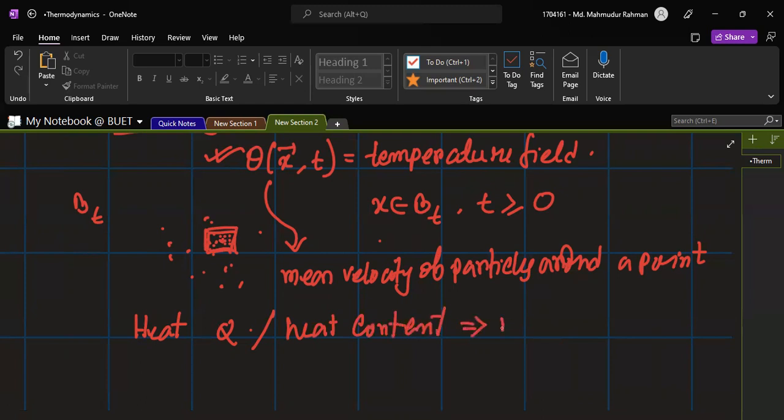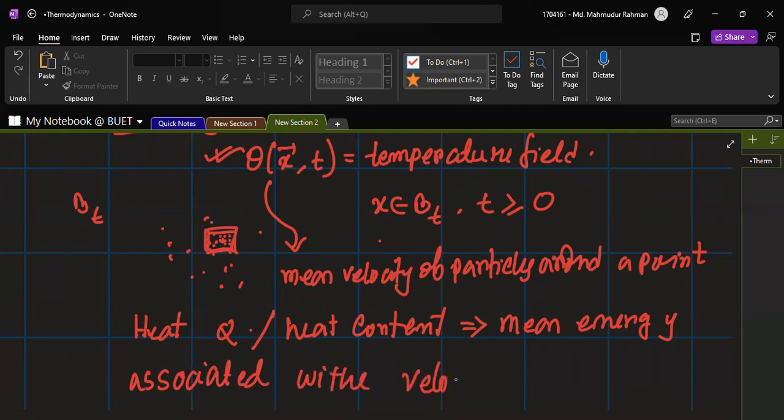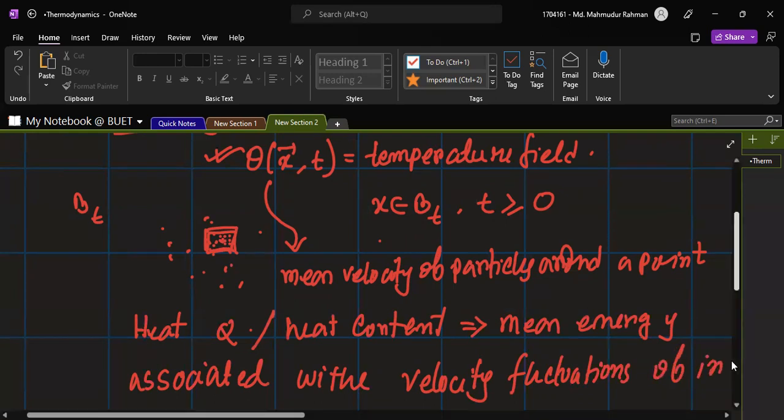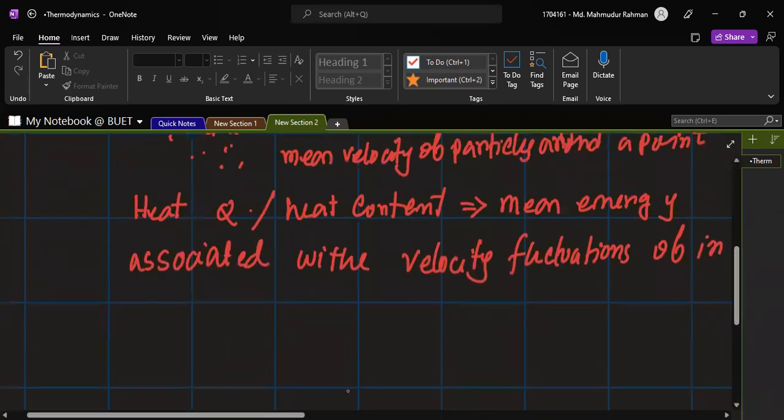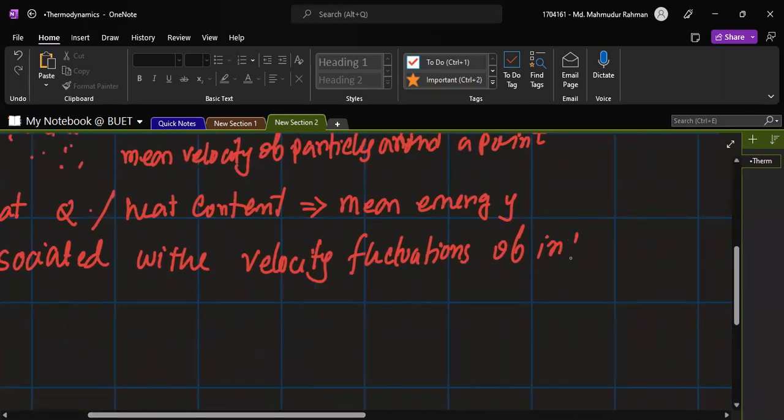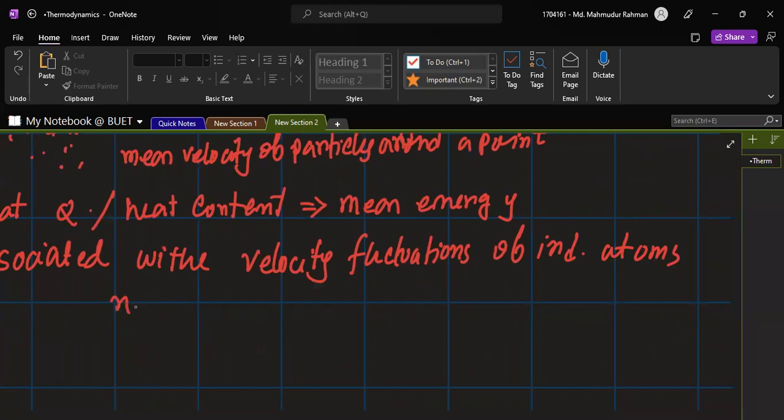Heat content is basically a mean energy associated with the velocity fluctuations of individual atoms near a point.